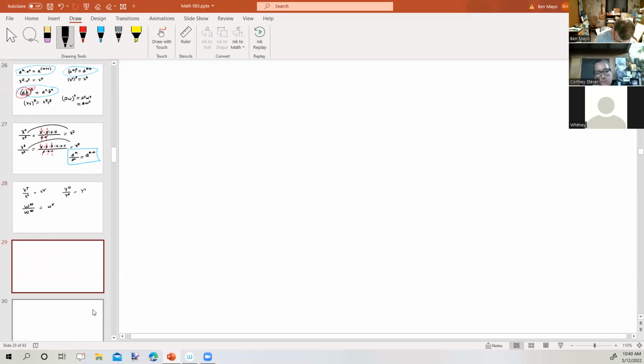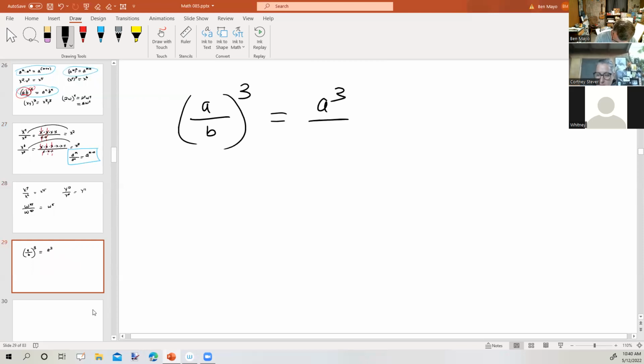Let's say I have a quotient raised to a power. When you have a quotient raised to a power, you attach the outside power to both the numerator and the denominator of the quotient. Let's say, for instance, I have 2 over x, to the 4th power.